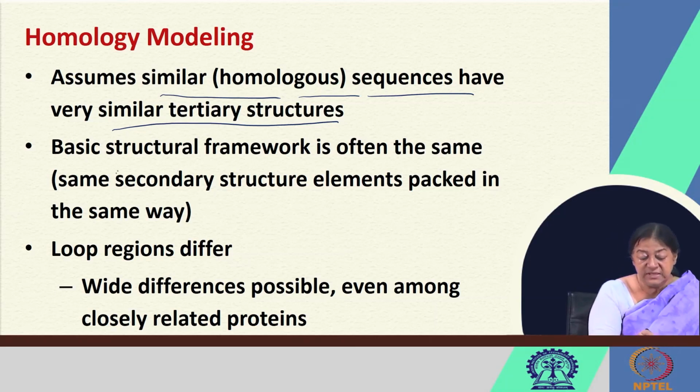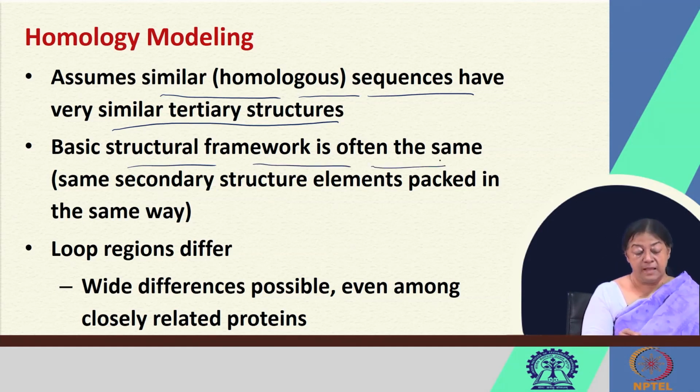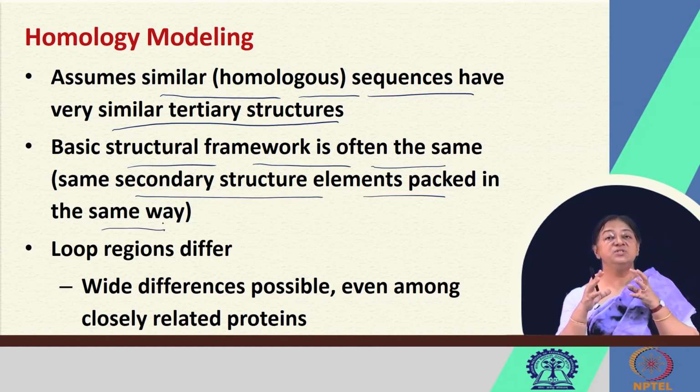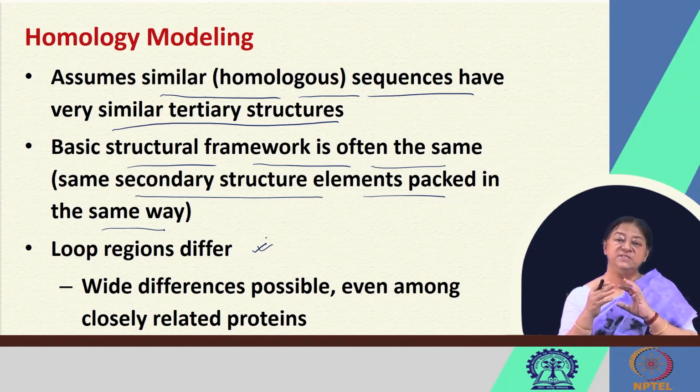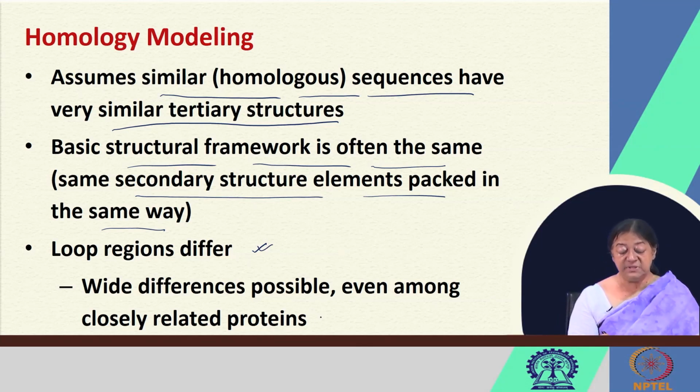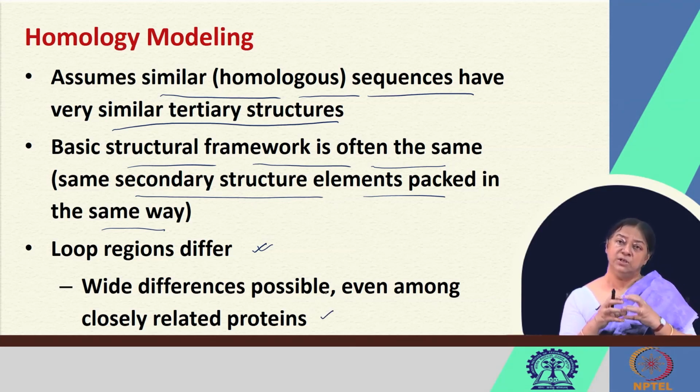Now, this basic structural framework is often the same, and the same secondary structure elements are packed in the same way because they give this overall protein scaffold. The loop regions may differ, that is, the connectivity or the linkers between the secondary structures may differ, and there are sometimes even very wide possibilities even between closely related proteins. But nevertheless, if they belong to the same family and the active sites, say, of enzymes are similar in a typical family, then, for example, if you are looking at ribonucleolytic proteins, all of these have an enzymatic activity related to RNA cleavage.